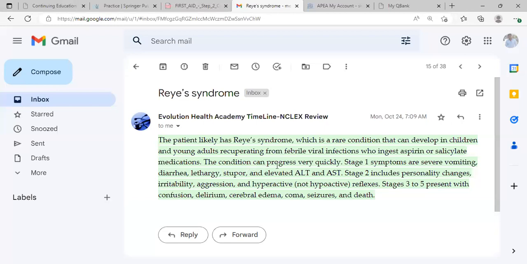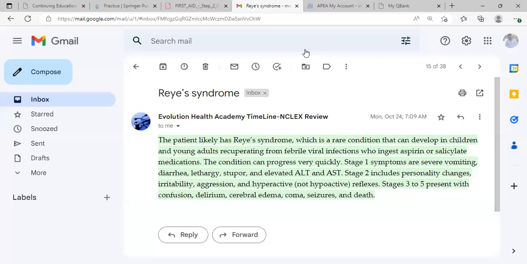So this condition can progress very quickly. Stage 1 symptoms are severe vomiting, diarrhea, lethargy, stupor, and elevated ALT and AST.